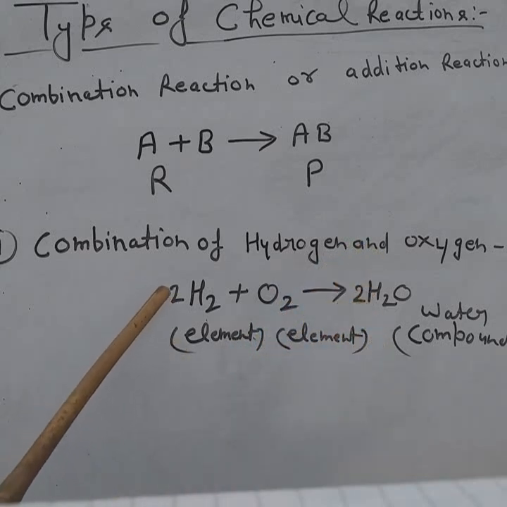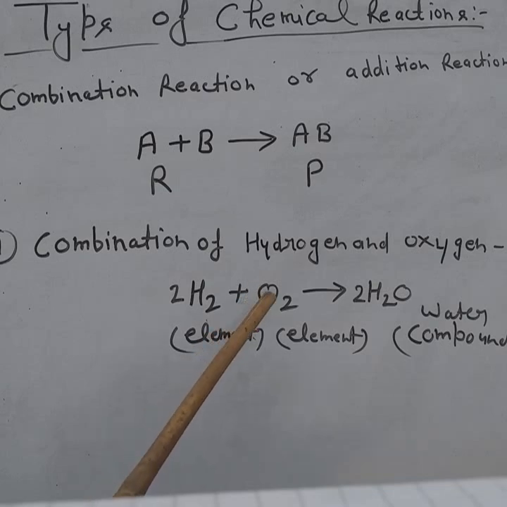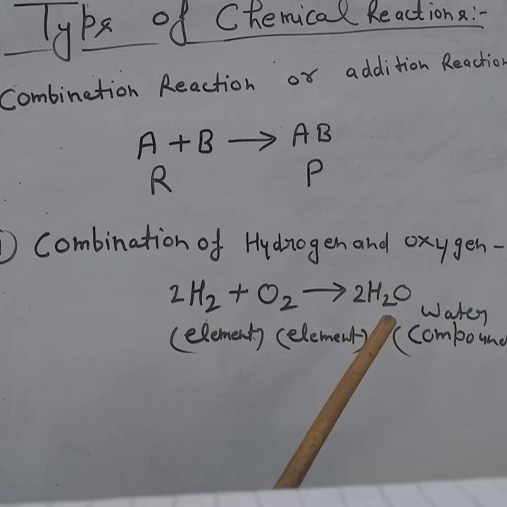So here hydrogen is an element and oxygen is also an element. Both react with each other and give a single compound, water. So this reaction is called a combination reaction or addition reaction.